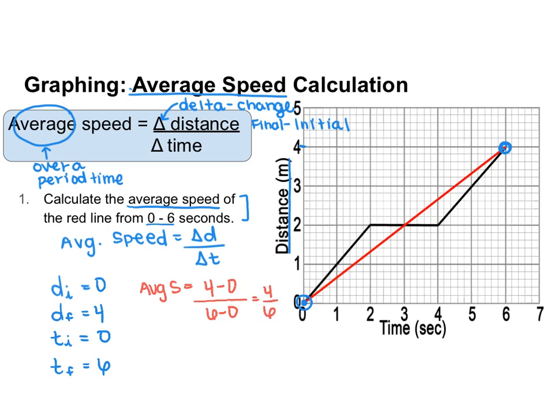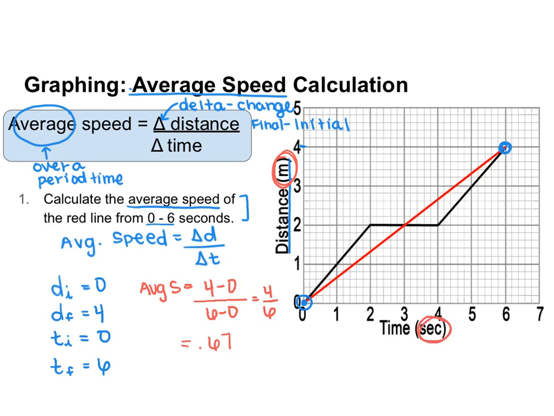And then in math, we always use decimals. We don't want to really keep it in this format. So I'm going to put in my calculator 4 divided by 6. And I get 0.666666666667. So it's 0.6 repeating. So I'm going to say that it is 0.67. And then I need a unit. So my distance was in meters. My time was in seconds.